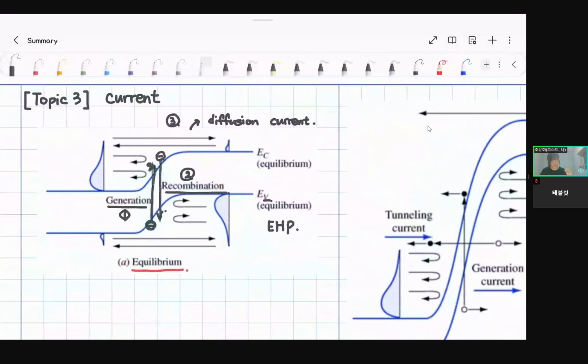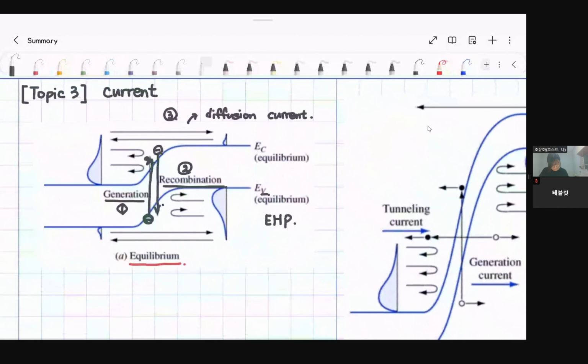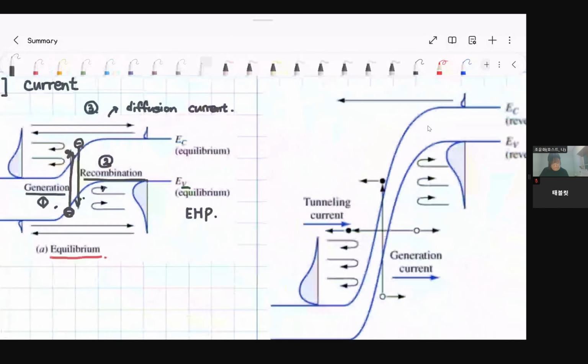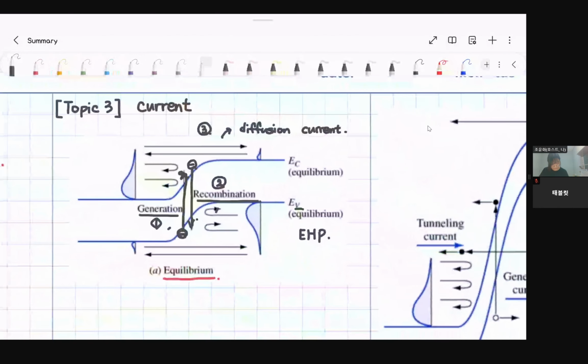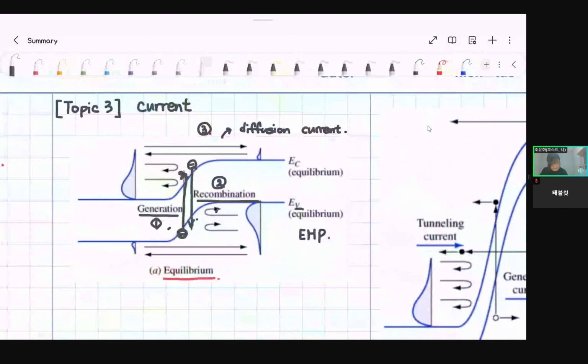By this movement, the generation current and recombination current appear, and they are the same current, so there is no specific current flow for the PN junction. And third is diffusion current. It comes from the difference of the doping states.